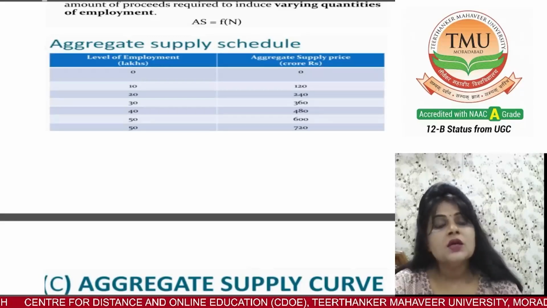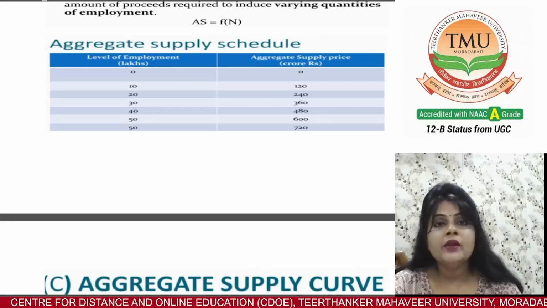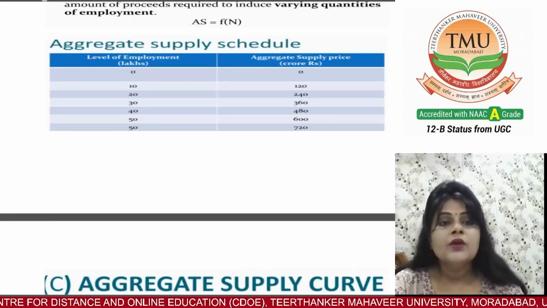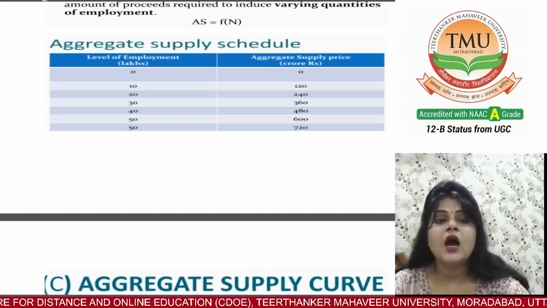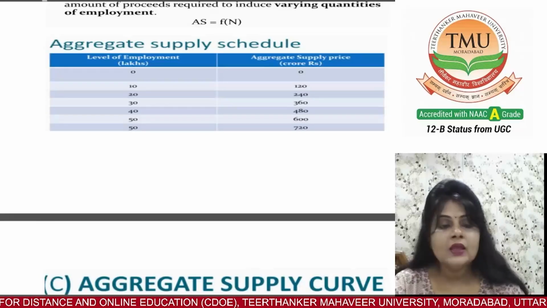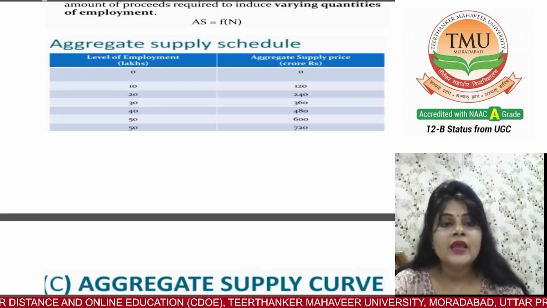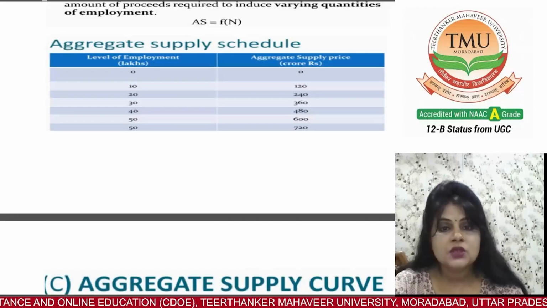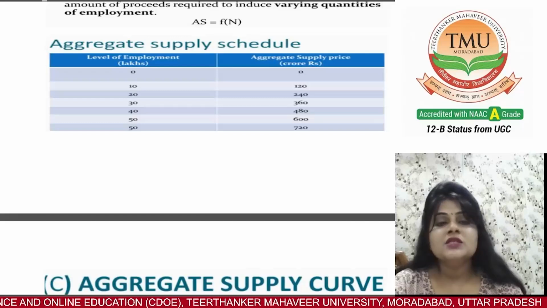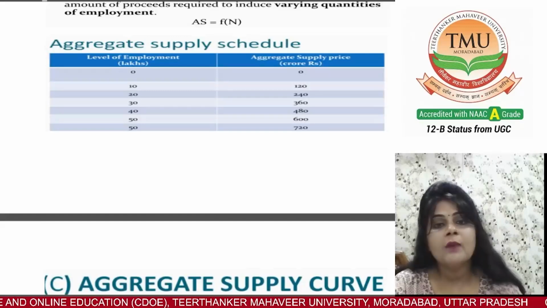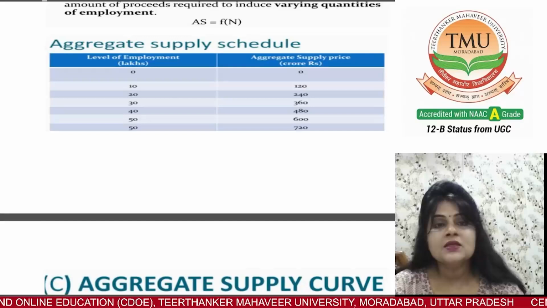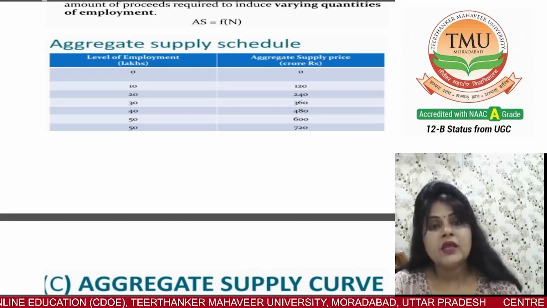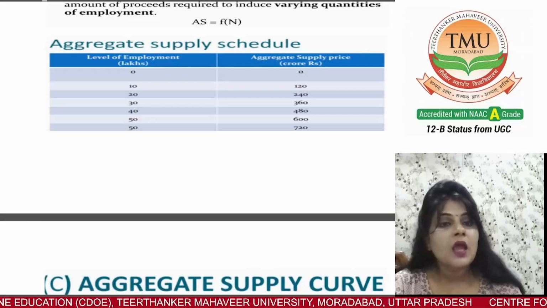If entrepreneurs are to provide employment to 20 lakh workers, they must receive 240 crores from the sale of the output produced by them, the minimum amount of proceeds. When the economy reaches full employment, the price becomes 600 and may continue to increase, but there is no further increase in employment.